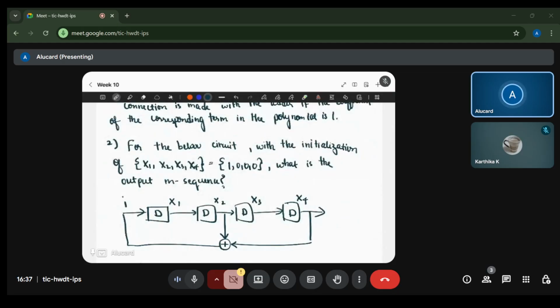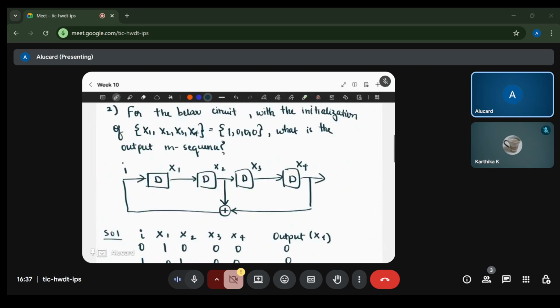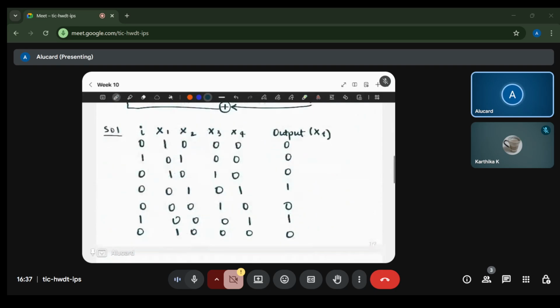So this circuit is option B of your first question. If you answered option B to the first question, then this will be the answer. If the option to the first question is A or C, then you have to write a similar type of table for the circuits in A or C, and then you will get the corresponding output.